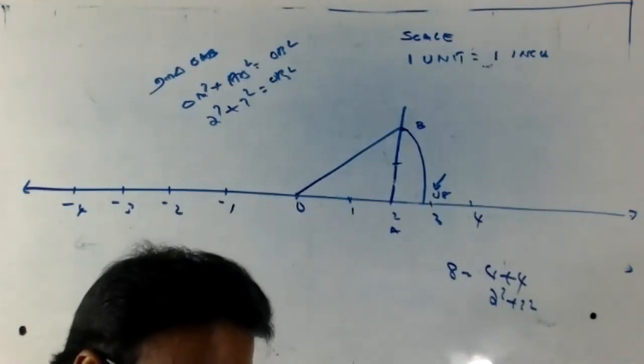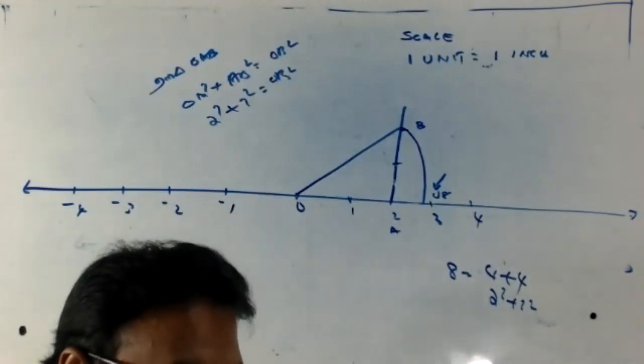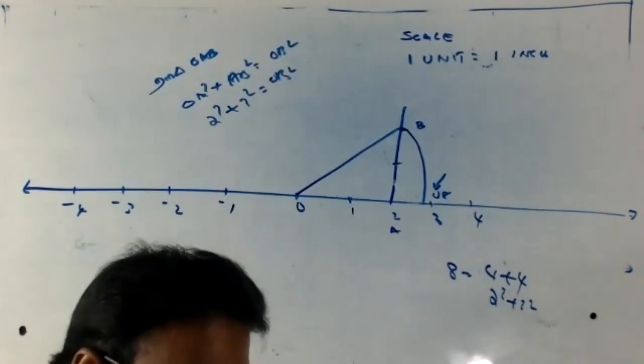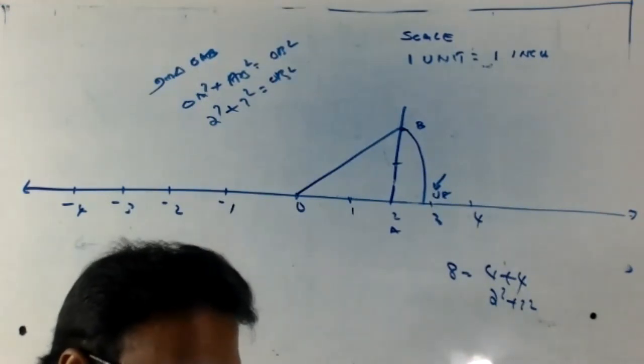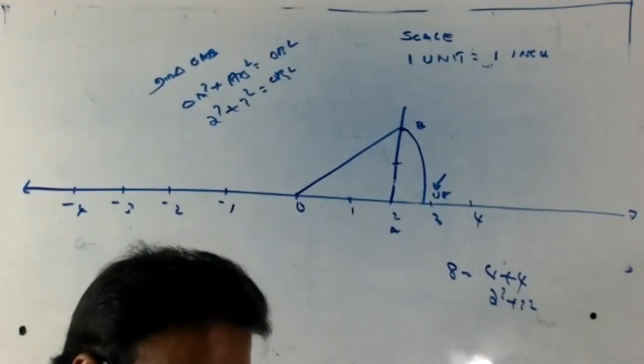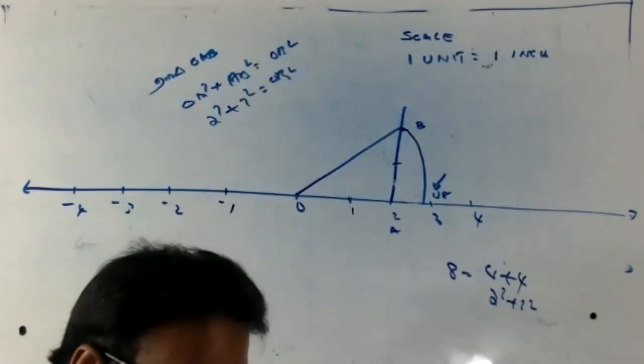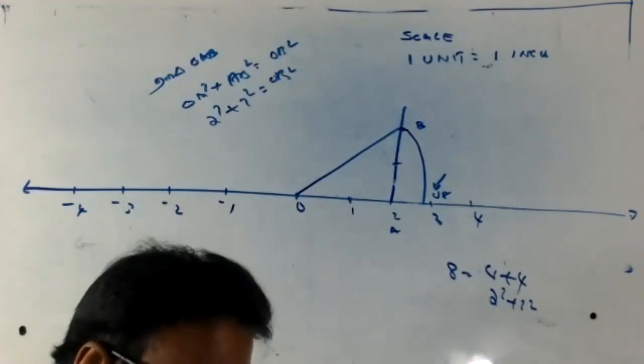You write OB equal to root 8. ADVT, what is the name? Right. OB equal to root 8. Okay, that's all okay. Naren, okay, Sanjay, not Naren. Okay, correct. Sanjay is correct.